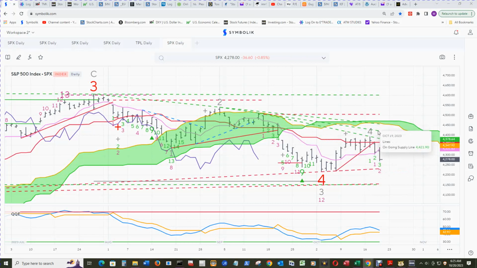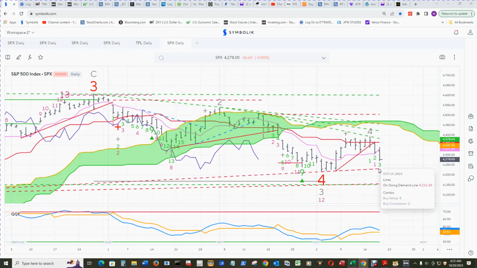Same thing with these other ones here. And this ongoing demand line is at 4232.70 for the 20th. And price would have to open below it and then close below it to get qualified.